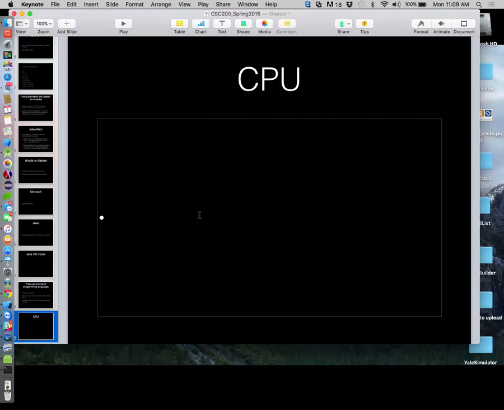All right, so based on what you gathered from your 150 or 175 class, what would you say the CPU is? What's the definition of the CPU? Brain of the computer? Okay, fair enough. What does it do? Well, that's fine, we can say that, but physically, what does it actually accomplish?